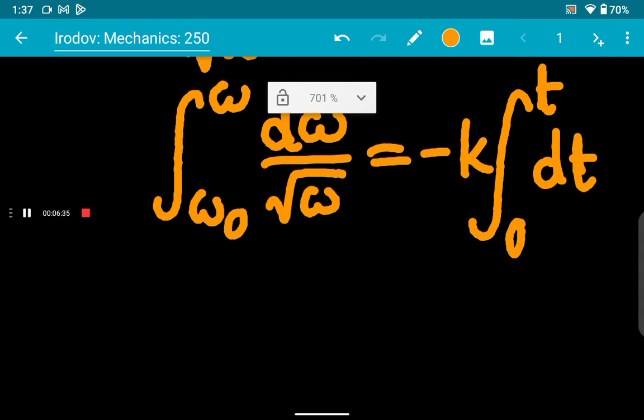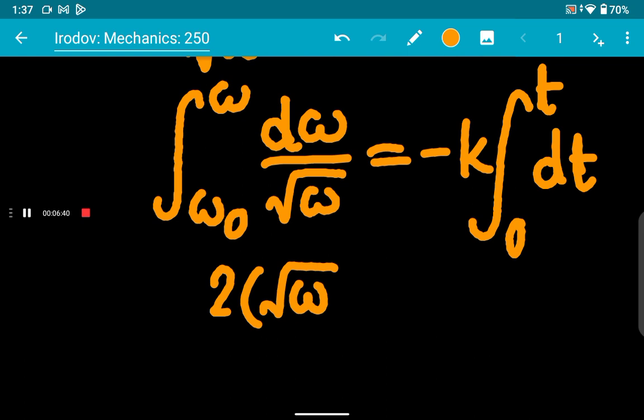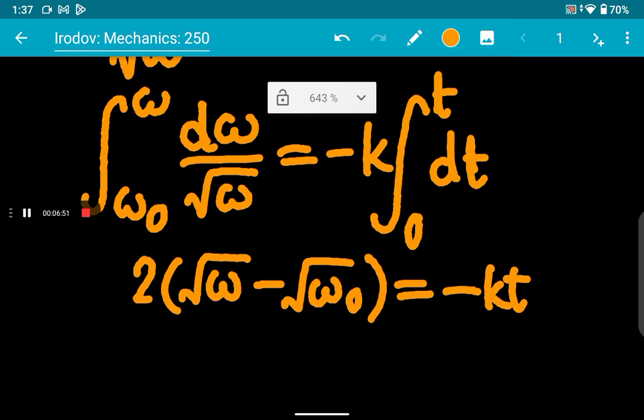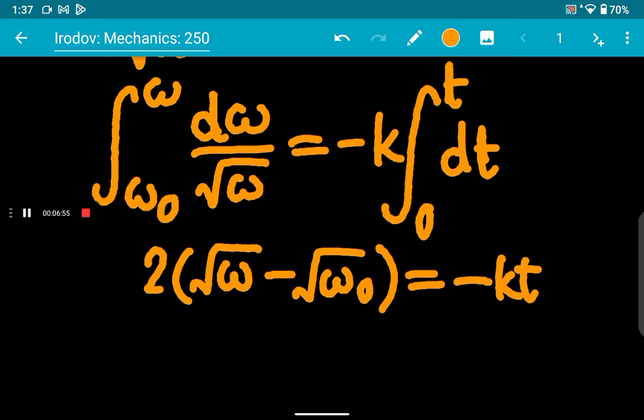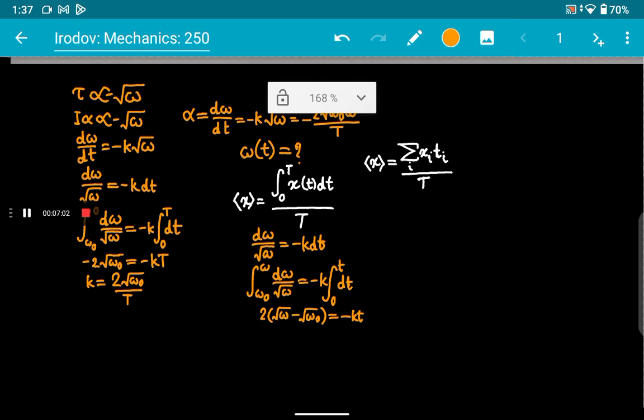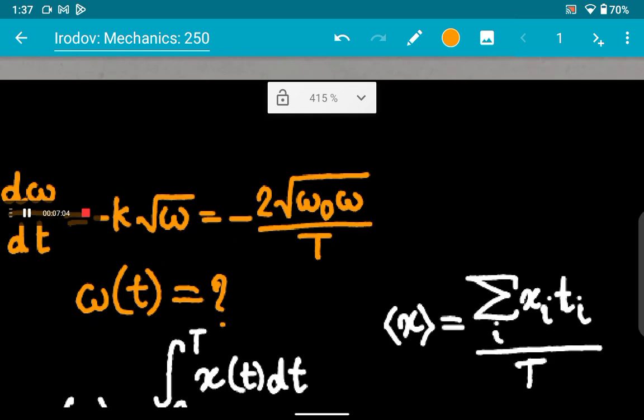So this will be 2 root omega minus root omega naught on this side, and on the other side we will have minus kt. Now the thing is, we have already derived k. We know the value of k, right? I told you earlier that it is going to play an important part.